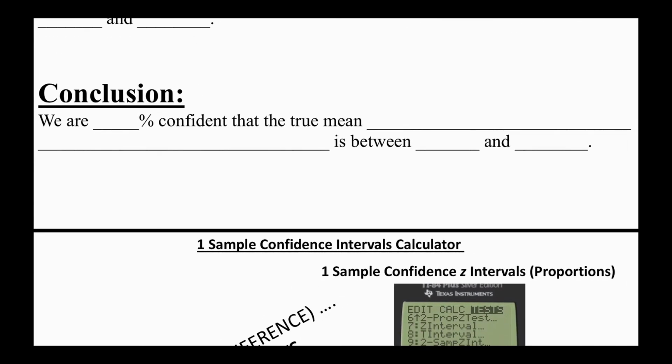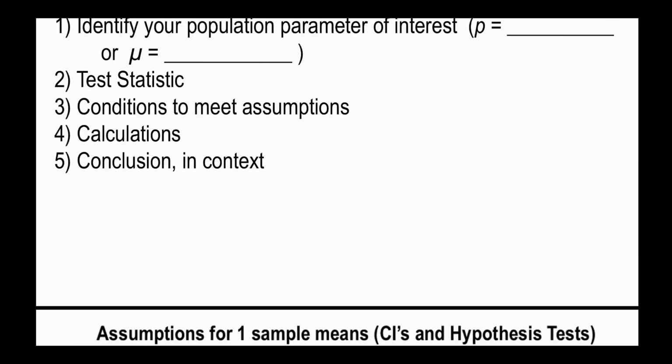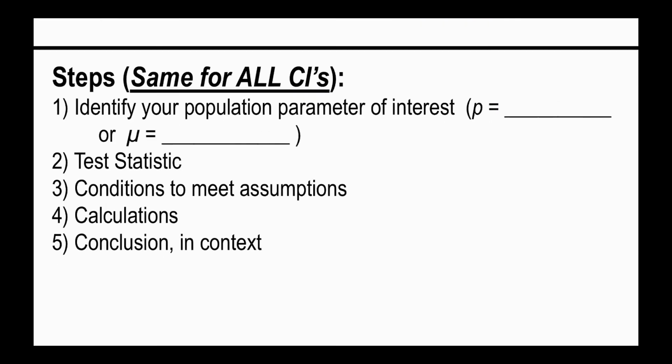The only difference is that instead of true proportion, it says true mean. With proportions, we had P equals true proportion of whatever. With this one, it's going to be the true mean.